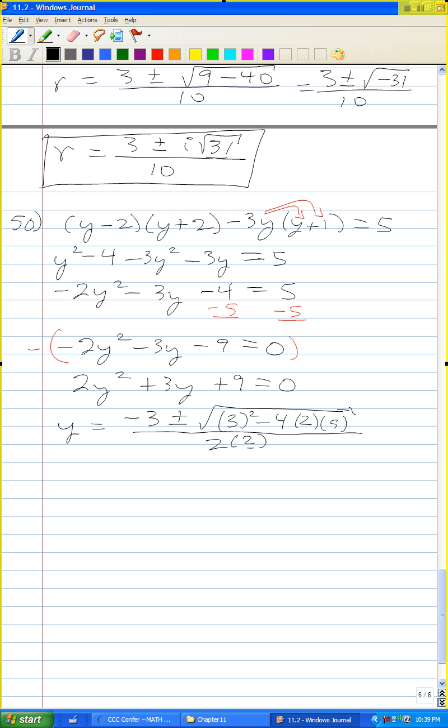Okay, so I have that y is equal to negative 3 plus or minus the square root of 9 minus 4 times 2 times 9. And so that's 72. 9 minus 72.